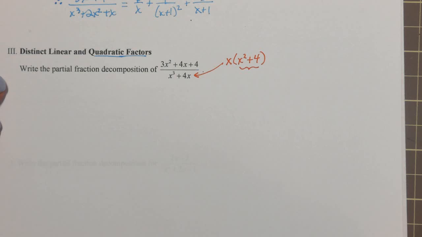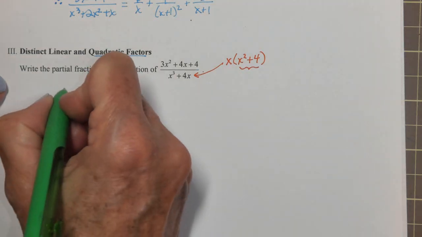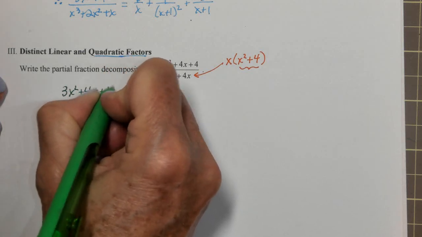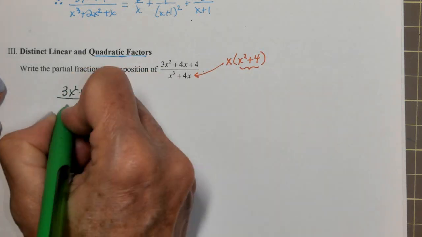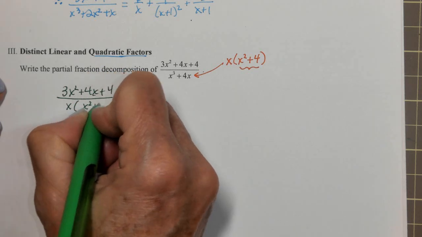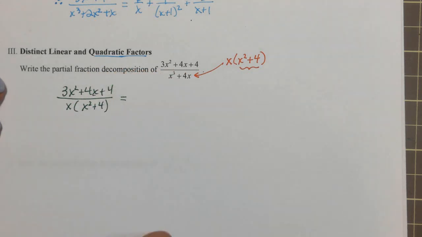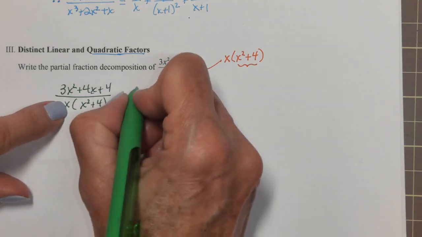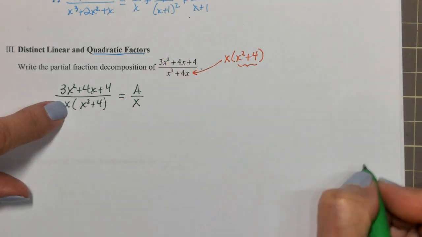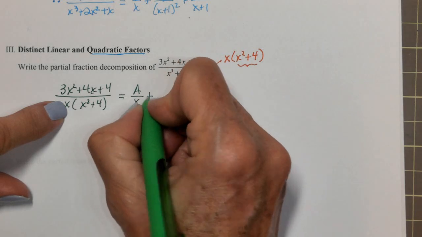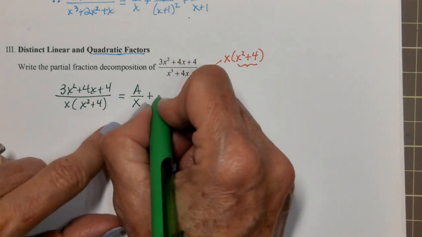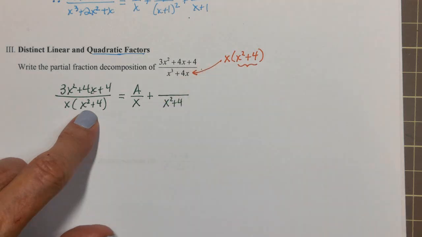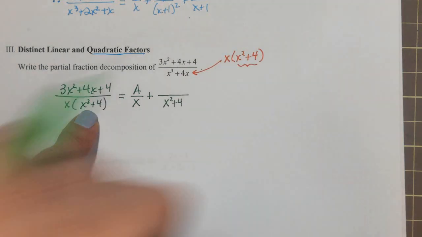Alrighty, so I can write this as 3x squared plus 4x plus 4 divided by x times x squared plus 4 is equal to. Well, the first factor here is x, so that's an easy one, a over x. The second one, it's not being repeated, so I'm just going to have a single. I'm not going to have a third fraction here.